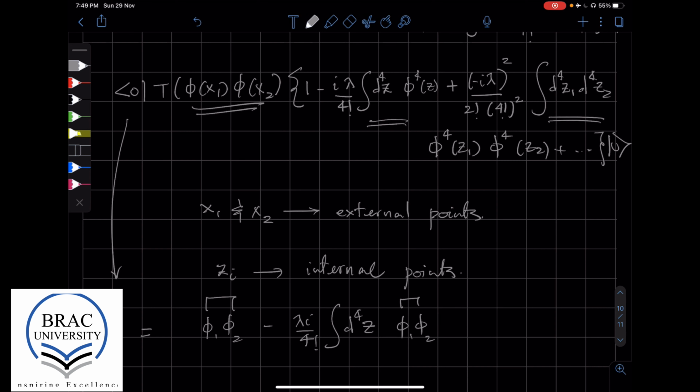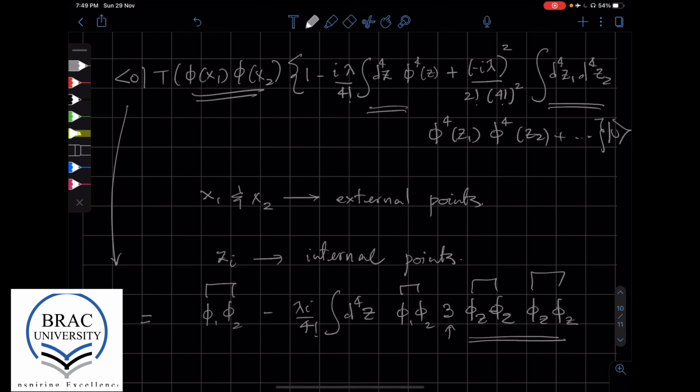But there are three ways in this, and then phi z can contract with phi z, and then phi z can contract with phi z. And the three ways is because four objects can be divided into two groups, and therefore we have a factor of 3 here.